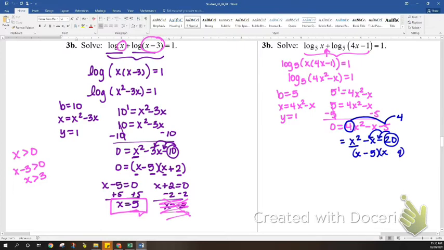I need a negative 1, so negative 5 and positive 4. But remember, before we were done here, we multiplied at the beginning, so we got to divide that 4 that we multiplied by back out. And so this gives us 4x minus 5 times x plus 1. And this is still equal to 0. So set them each equal to 0 and solve.